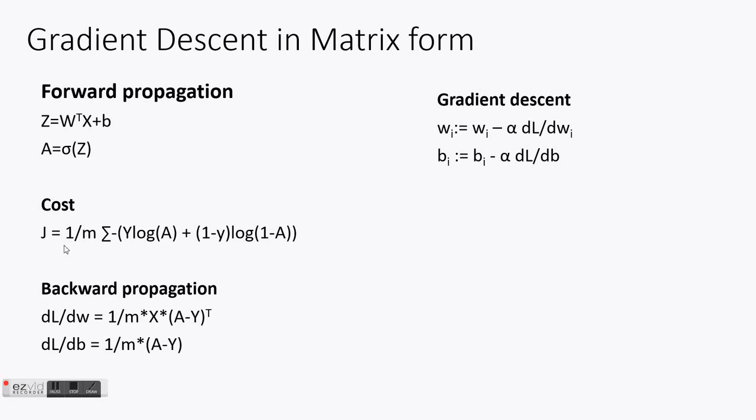Then we compute the cost, which is the average of the logistic loss, and we compute the weights using the matrix 1 by m times the input features times the estimated output minus the real output, transposed, and dL by db is this formula, and we apply gradient descent repeatedly. So all the equations which we derived can be easily implemented in matrix form, and hence we can solve our neural network and get the set of weights which will perform well.